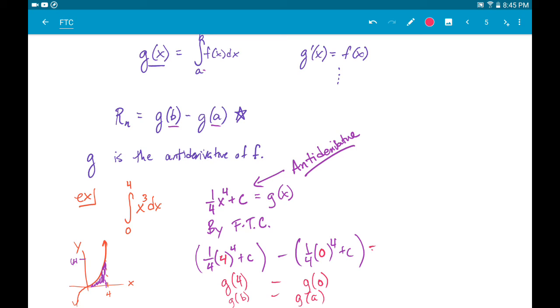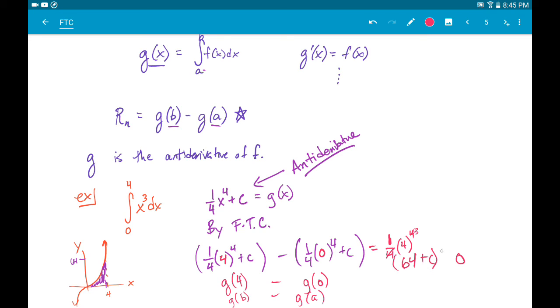And when I evaluate these, I've got 1/4 times 4 to the 4th. Do we have our 4 to the 4th memorized? Was that 256 or something? We could actually just cheat and say, I'm going to cross out one of these 4s. So 4 to the 3rd is 64, and minus 0 to the 4th times 1/4 is 0.